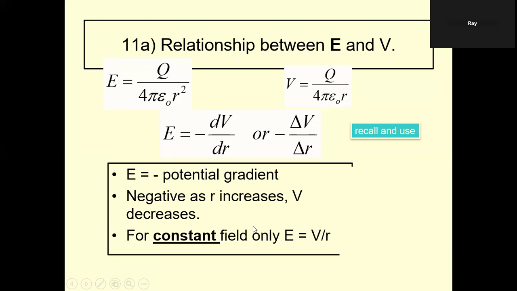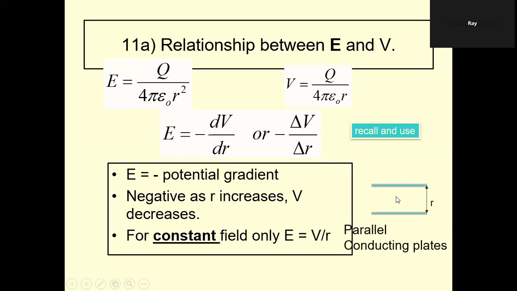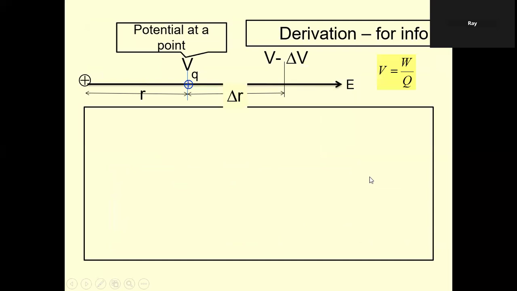For constant field, we have that is constant. So that is our formula that we use. We didn't derive it, we use it. Parallel conducting plate. Okay, you won't bother deriving it.